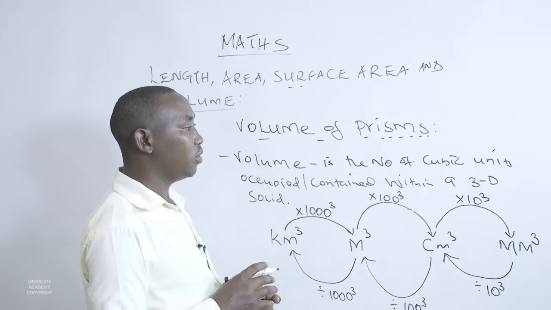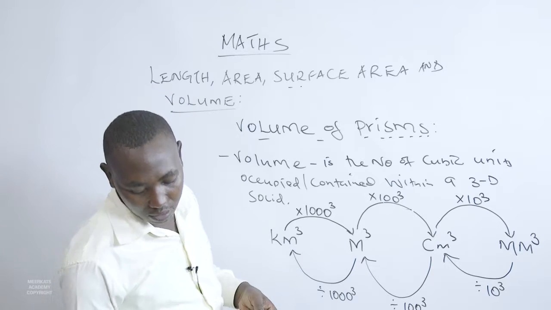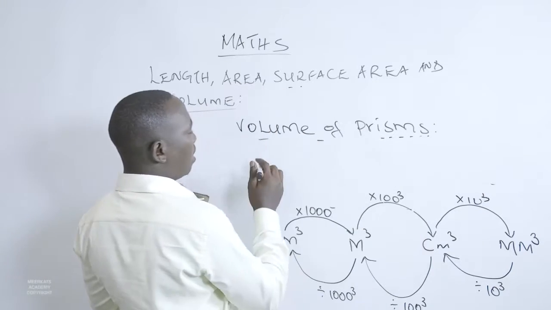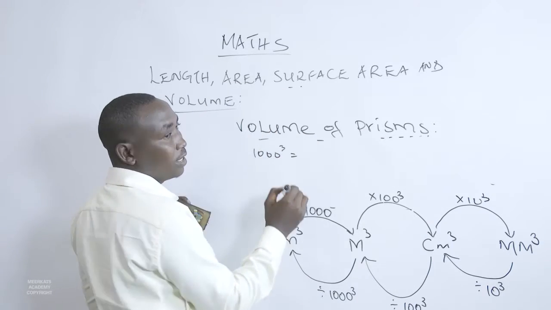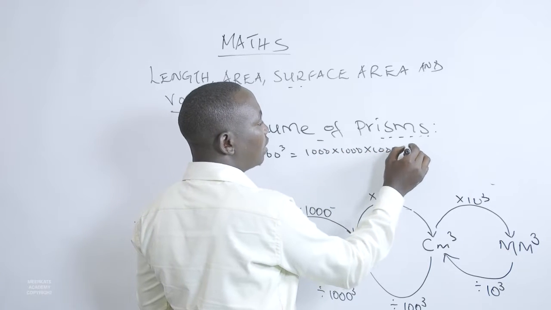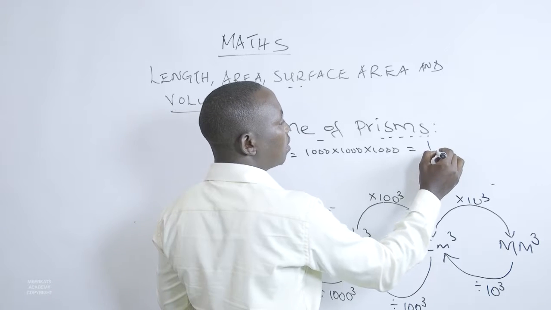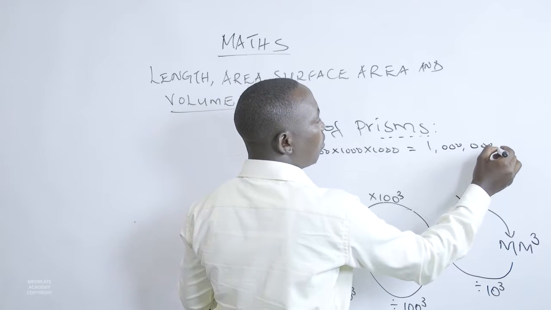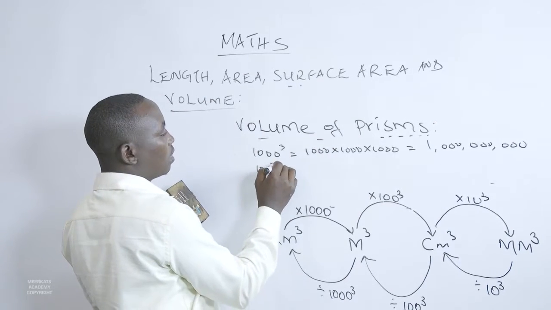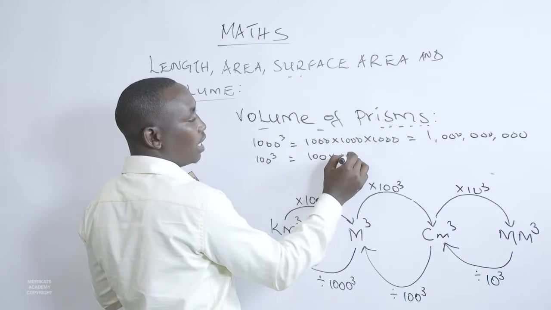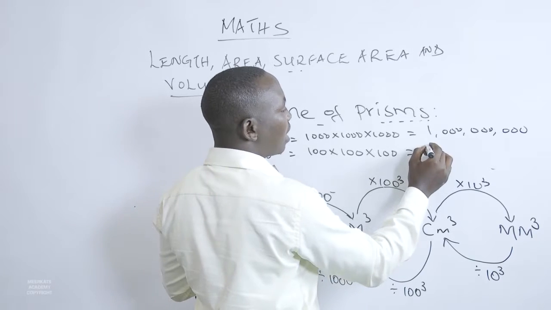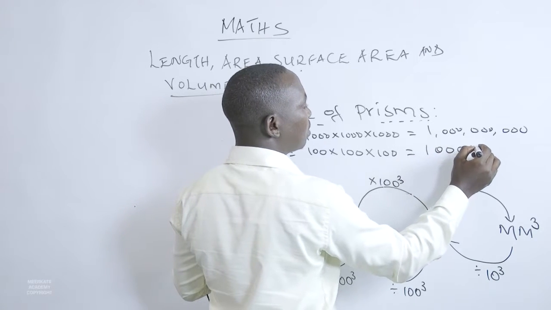And again, it should be understood that 1000 cubed is the same as 1000 times 1000 times 1000, which will give us 1 billion. 100 cubed is the same as 100 multiplied by 100 multiplied by 100, which will give us 1 million.